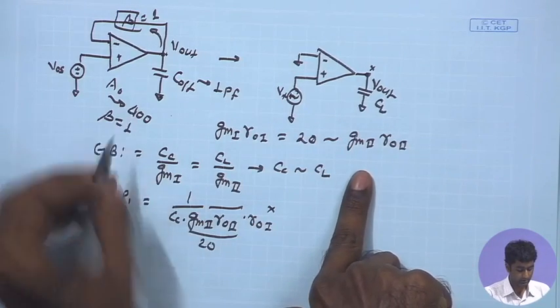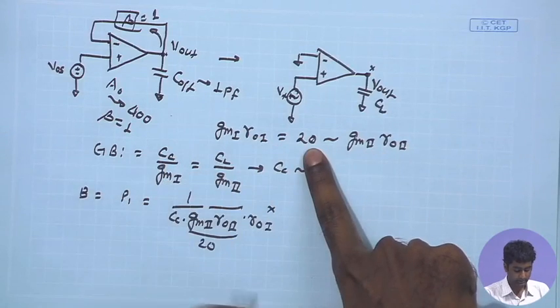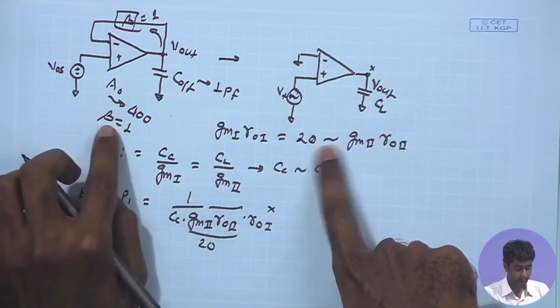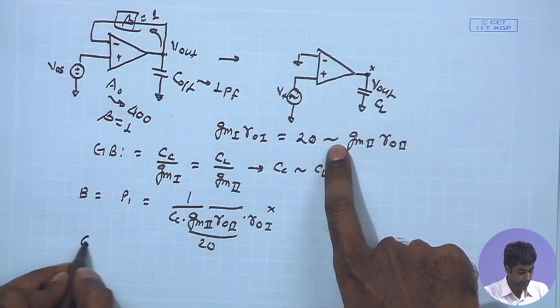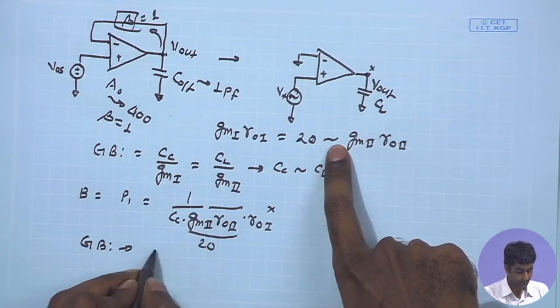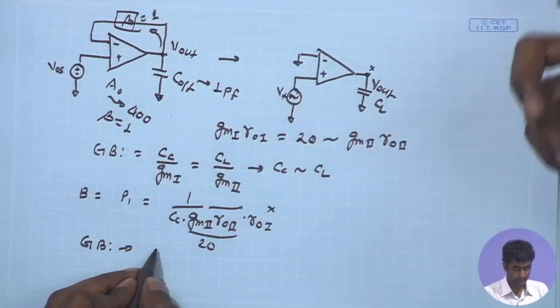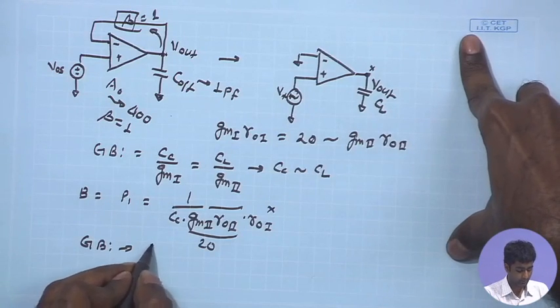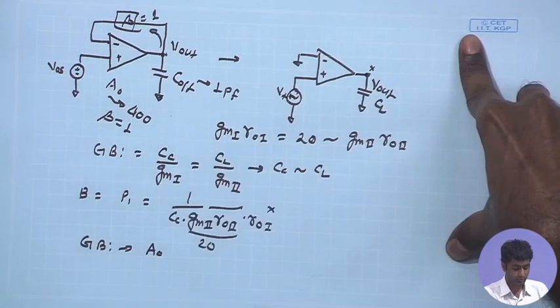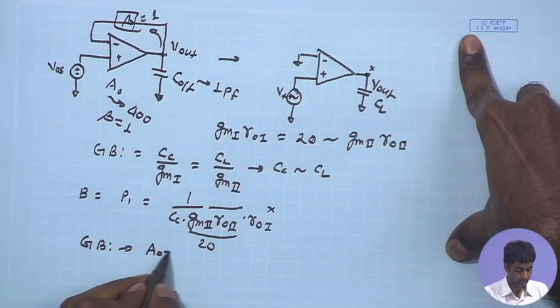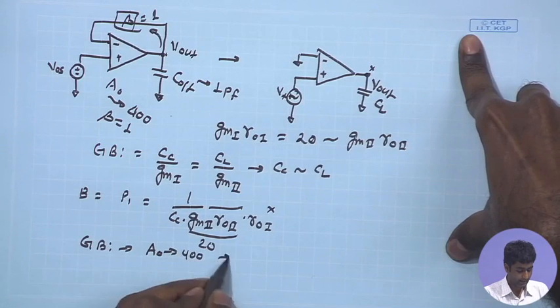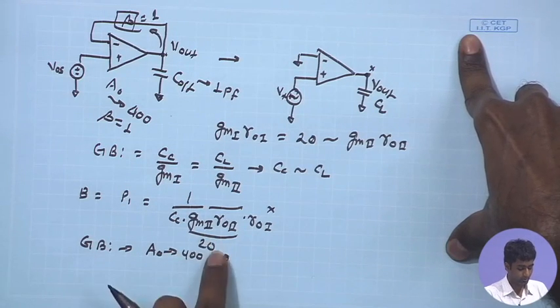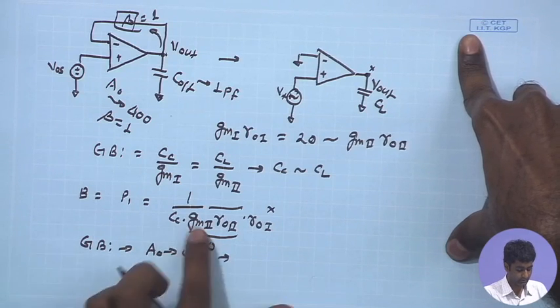Remember the overall product we are saying is 400. The open loop gain is remaining the same, we are not altering it, which is the product of these two, 400, and we have the overall bandwidth given by this quantity.